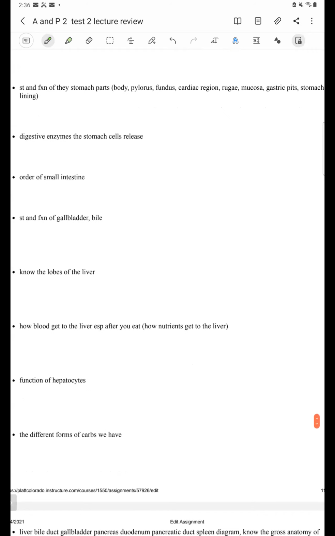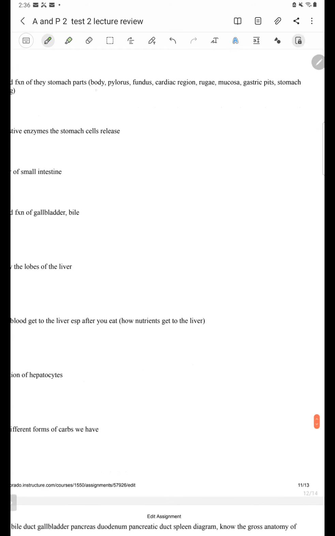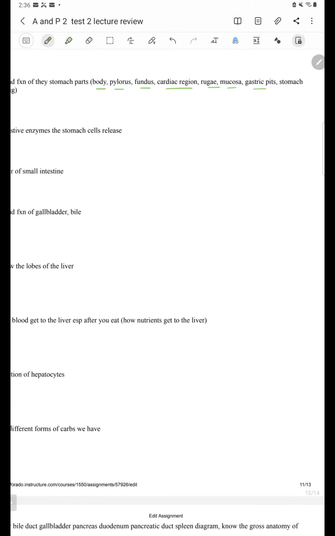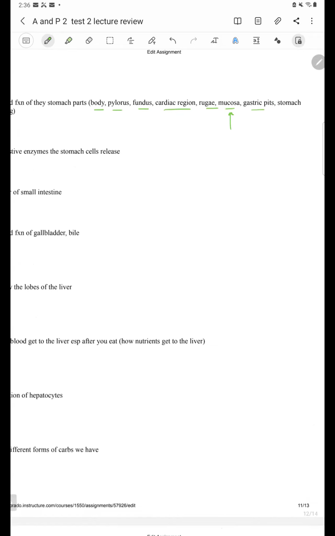Okay, structure and function of the body, the fundus, the cardiac region, the rugae, the pylorus, the mucosa. These are all part of the stomach. We need the mucosa as a protective lining.